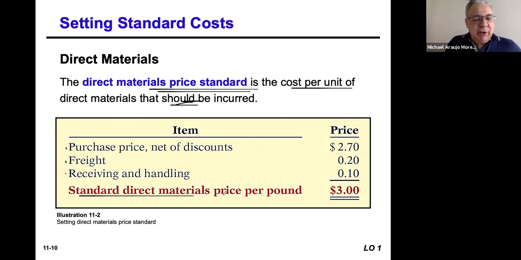The standard price per pound given in this illustration would be $3 a pound. This becomes the standard by which things will be judged. What the actual is will be looked at based on the standard. That's going to be the comparison.